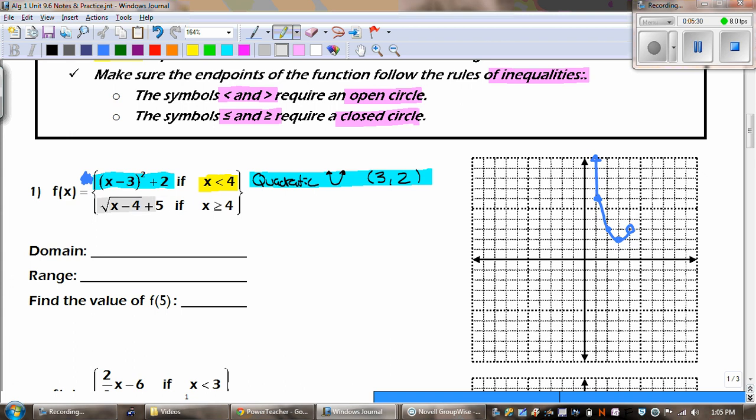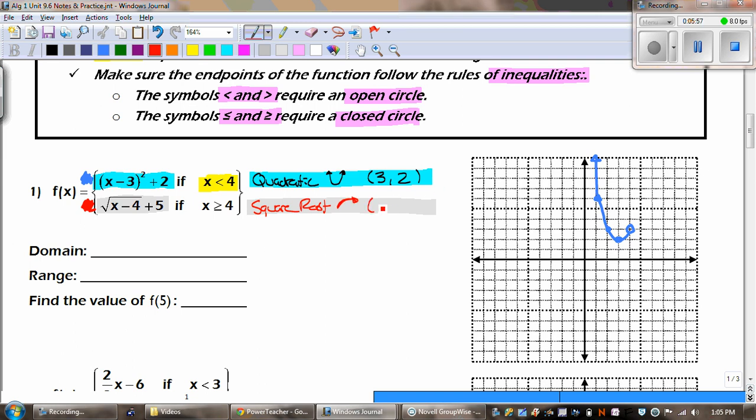But now we have to graph our second one, and I'm going to graph this one in red. First part, what type of graph is it going to make? This is going to be a square root. Is it going to be reflected? No, it's not going to be reflected.